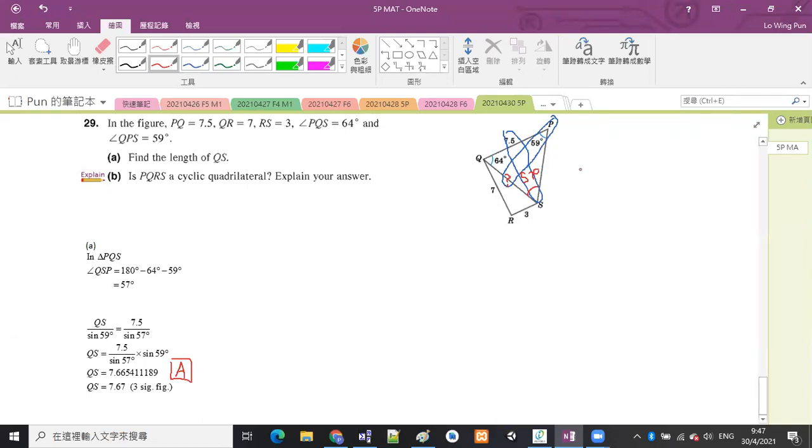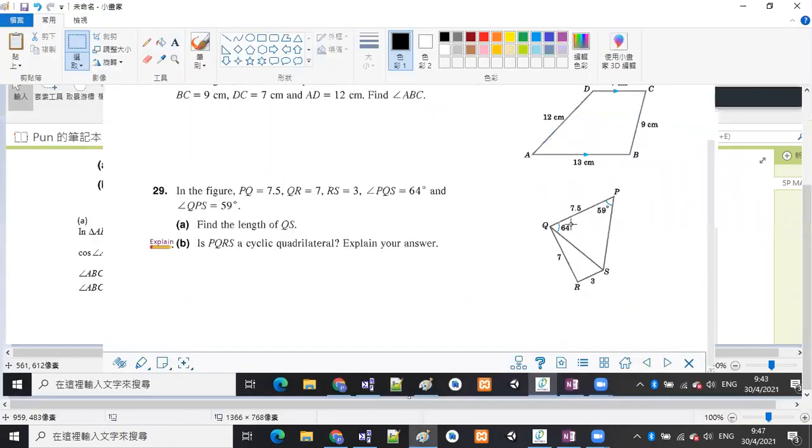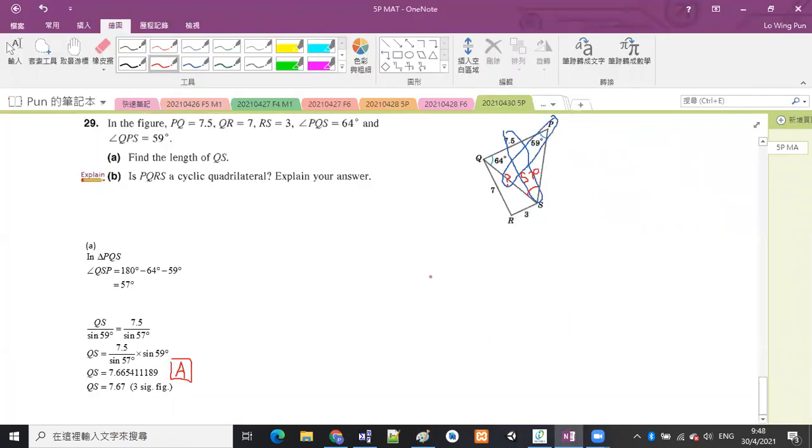In PQRS, let me paste one more time here. In PQRS, we have 59 degrees here. All we need to do is to calculate this angle R, and then add it with 59 degrees, to see whether the sum of them is equal to 180 degrees.